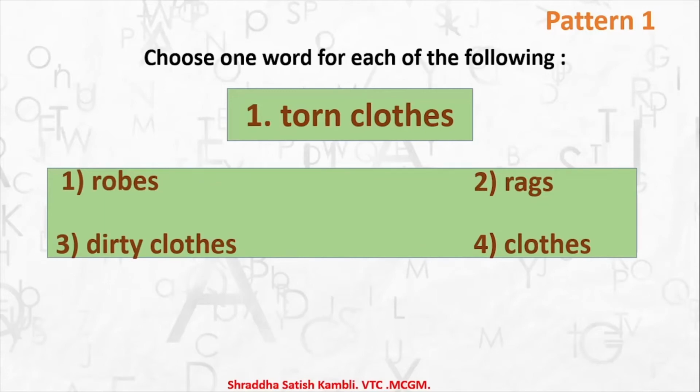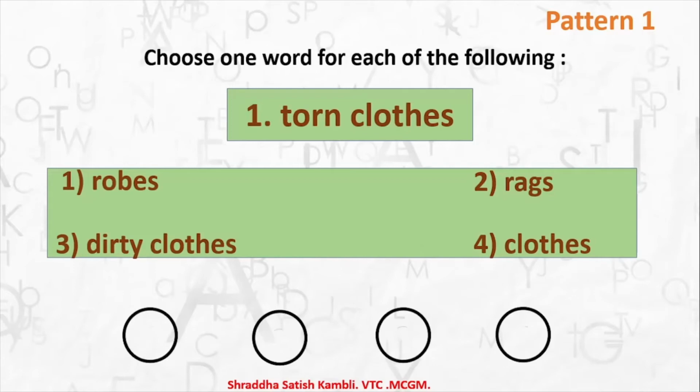Are they called dirty clothes, or are they called just clothes? So torn clothes, someone is wearing torn clothes means we say that person is dressed in rags. So you have option 2. See, torn clothes and dirty clothes are two different things, okay? A person's clothes may be torn, but it might still be clean.